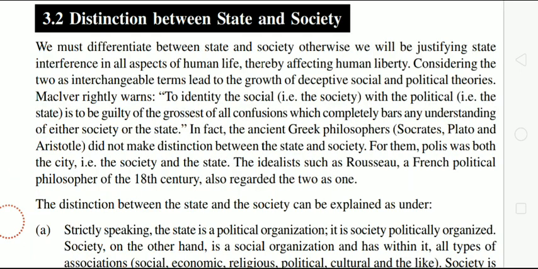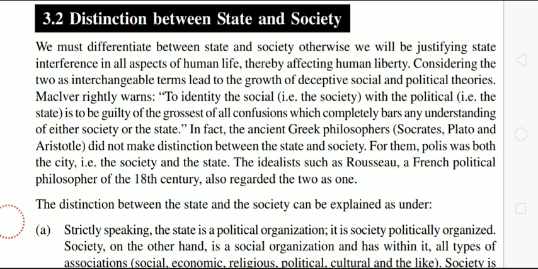3.2 Distinction between state and society. We must differentiate between state and society, otherwise, we will be justifying state interference in all aspects of human life, thereby affecting human liberty. Considering the two as interchangeable terms leads to the growth of deceptive social and political theories.